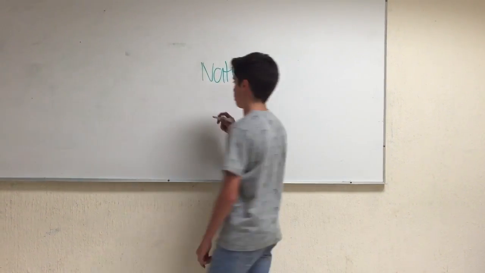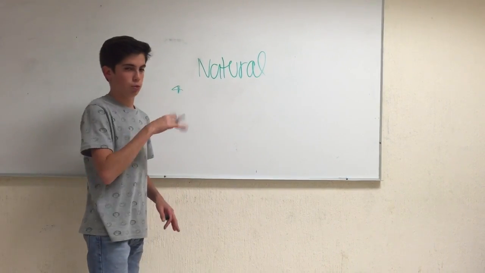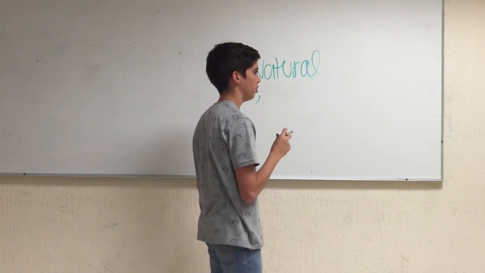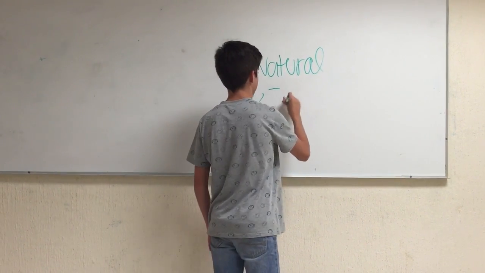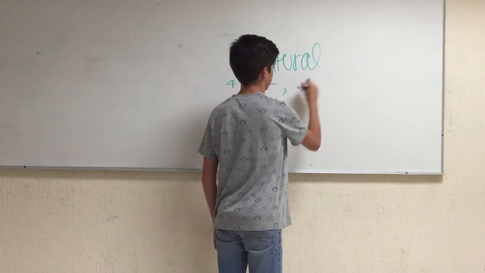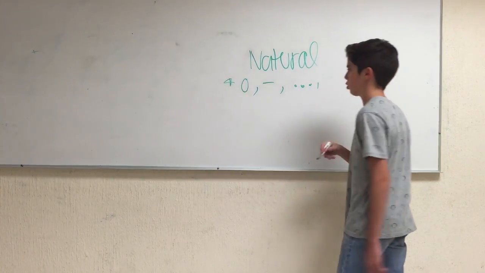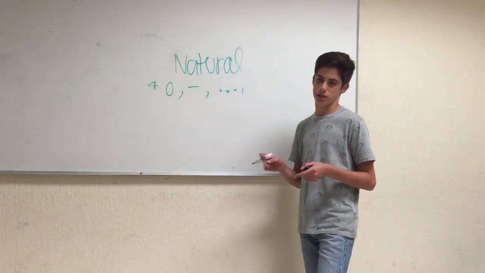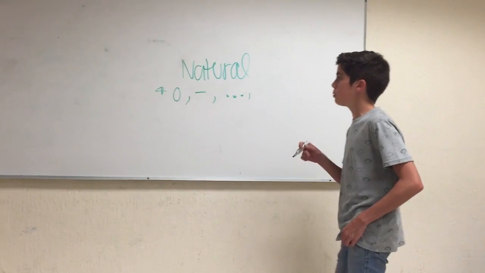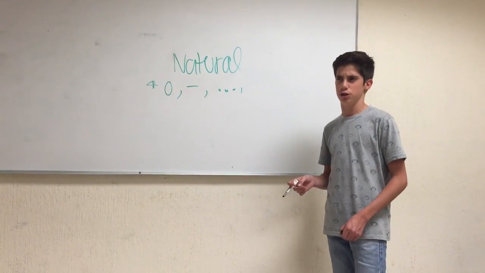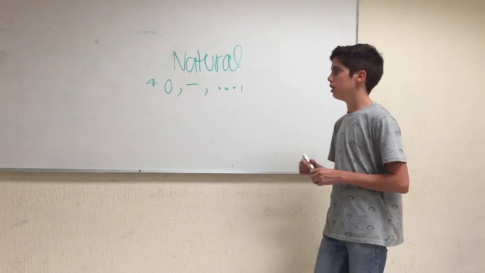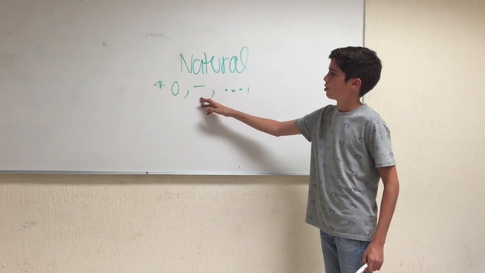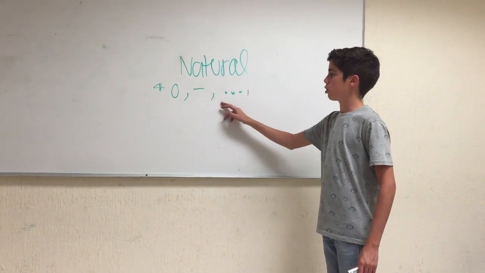Natural numbers do not include 0, negatives, decimals, or fractions that can't be simplified into a number without a decimal. They can still be some square roots and divisions, but they always have to end without decimals, and it can't be 0 or negative.